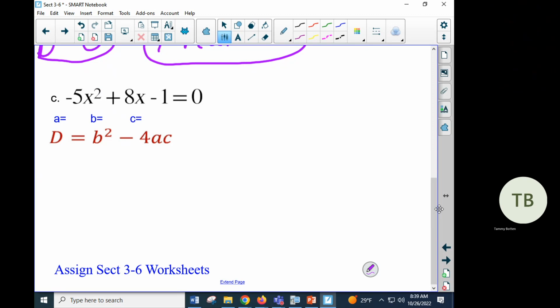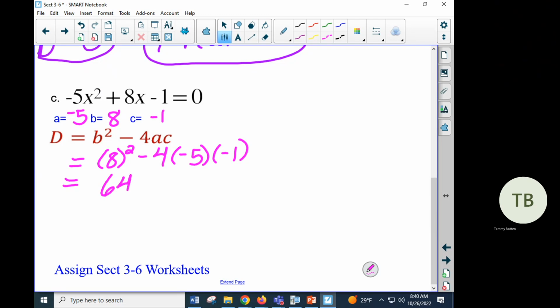And then this one, A is going to be -5, B is 8, C is -1. So B is 8 squared minus 4 times A is -5, C is -1. Okay, so we get 64, a minus times a minus times a minus. Like I have up here, if you ever have an odd number of negative signs multiplied or divided, an odd number of negatives is going to give you a negative, or you could just multiply it out to see that too.